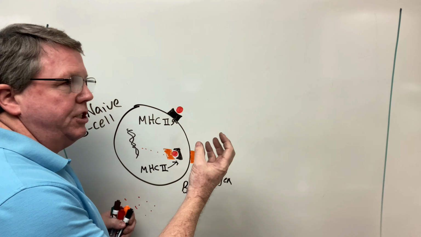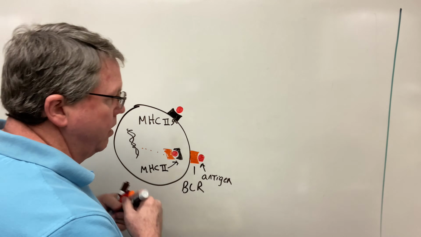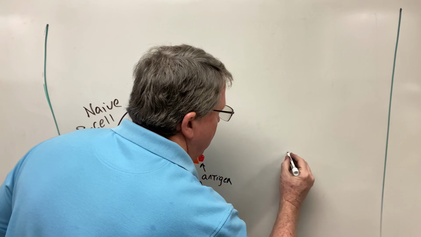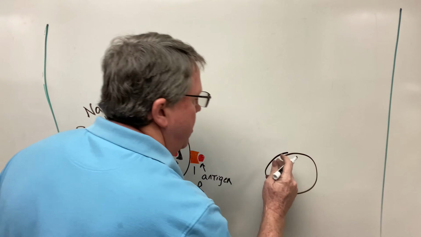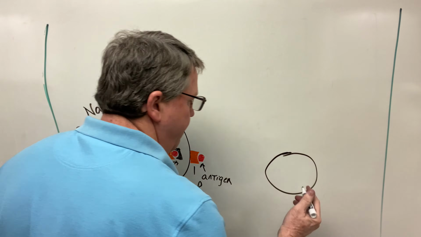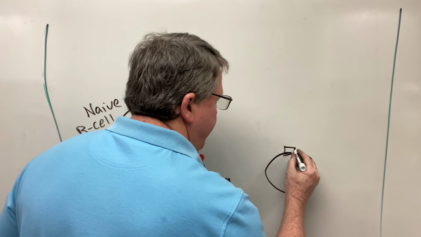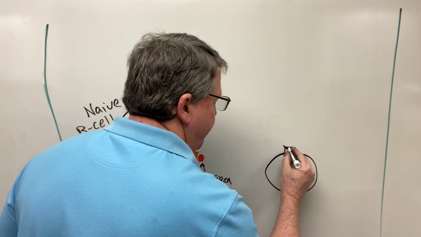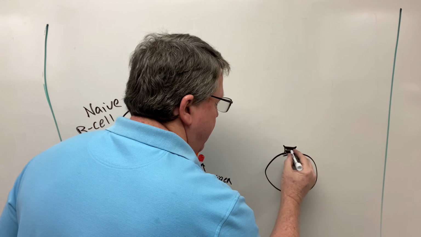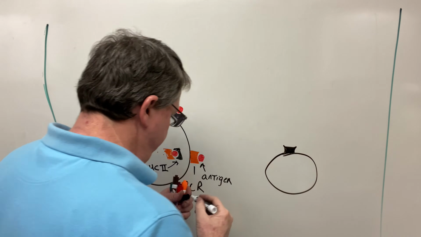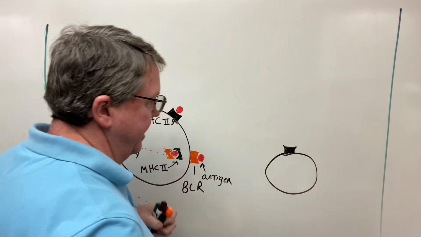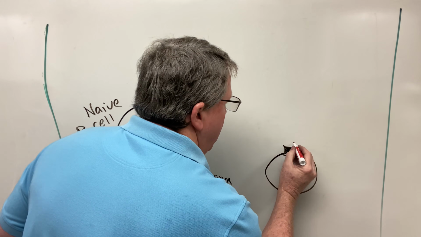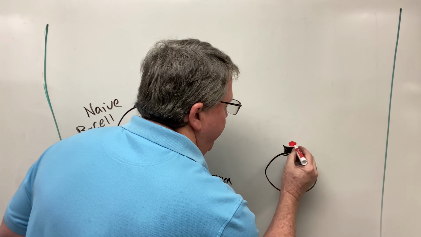It has the antigen on the outside. So here comes the macrophage now, and it's going to come inside of my lymph node. Here's my MHC2, and there's the antigen on there.